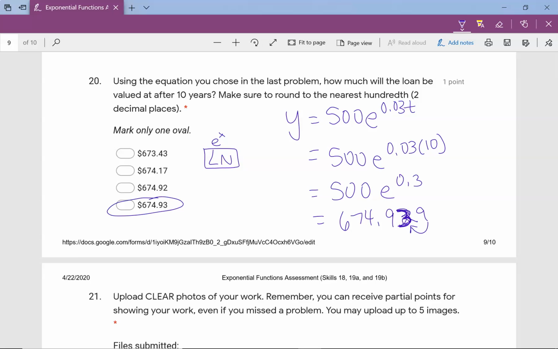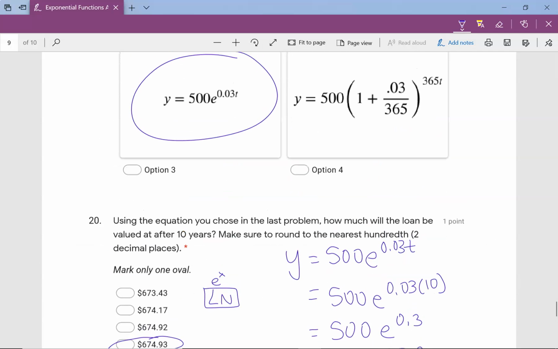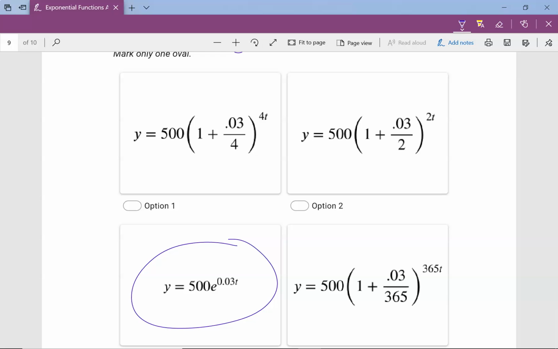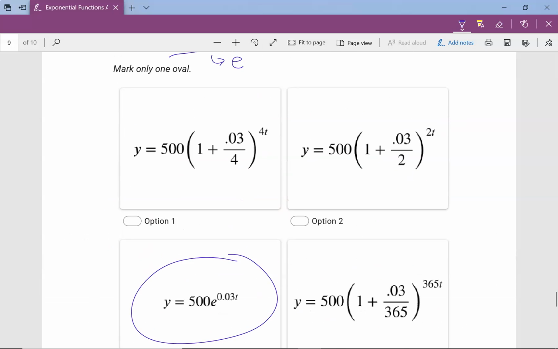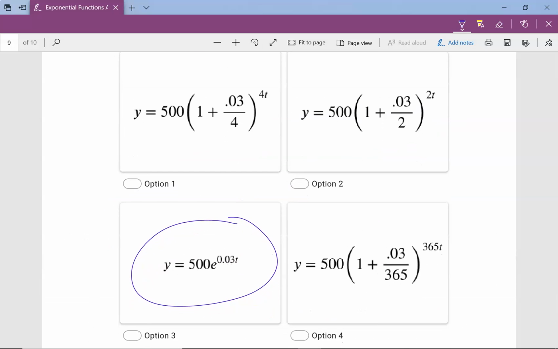And just so you know, these answer choices correspond to the answers based on whichever one of these equations up here that you picked. So let's just talk about these real quick in the few moments that I have left. This one is compounding 4 times a year. This one is doing it twice a year, so 2 compounds.